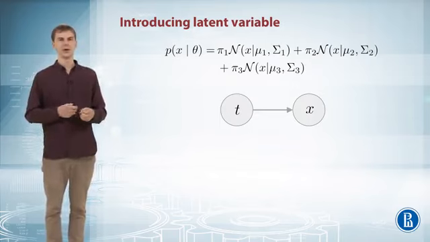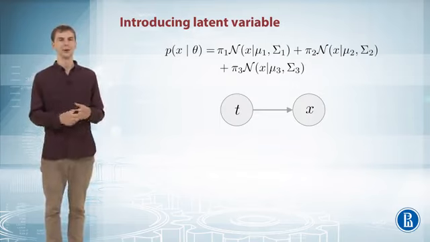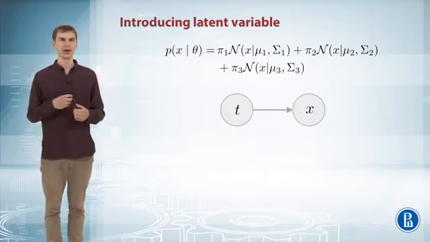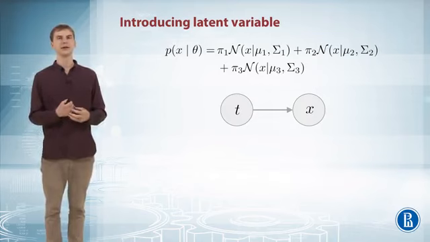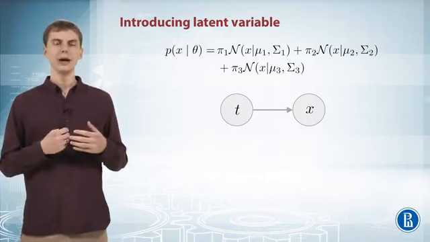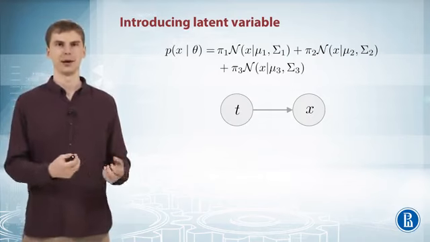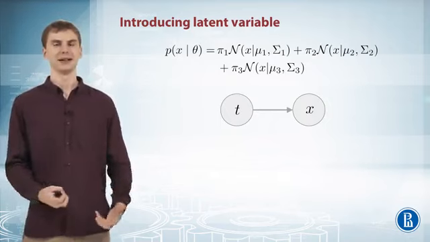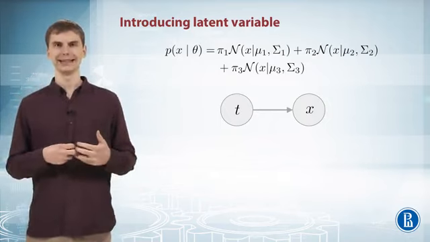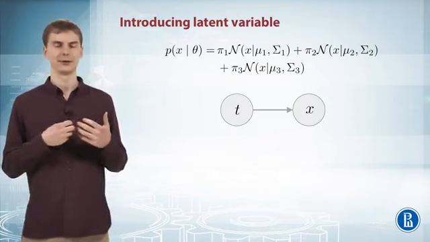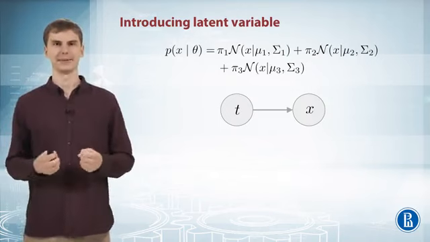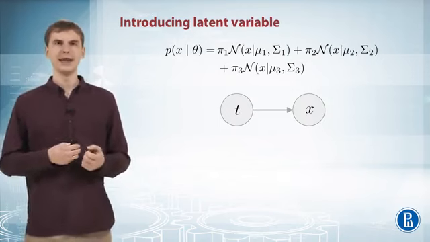The reasonable thing to assume about t here is that it takes 3 values, 1, 2, or 3, and it shows us from which Gaussian this particular data point came. So we actually don't know, for any data point, from which Gaussian it came. So it's a latent variable, right? We never observe this, neither in training nor in testing. But this can be helpful.